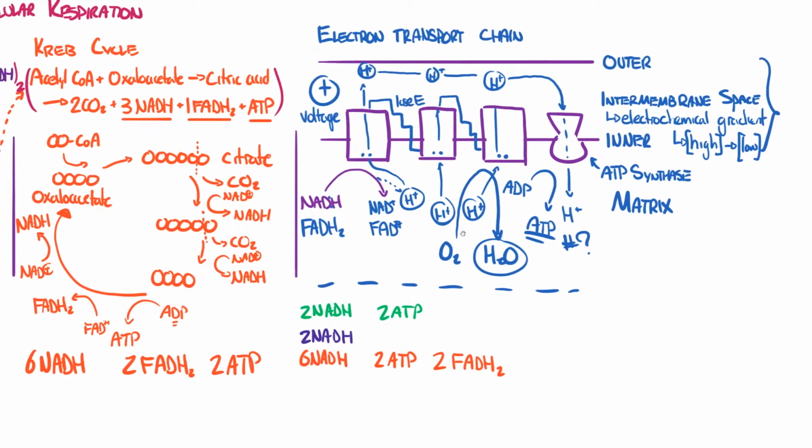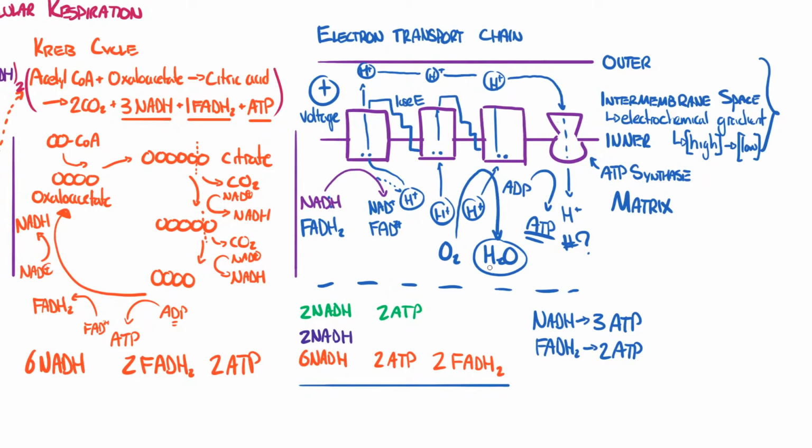Now, in general, we say that 1 NADH makes 3 ATP, 1 FADH2 makes 2 ATP. So if we start to add this up, we have 4 ATP, period, being made. So 4 ATP being made there.